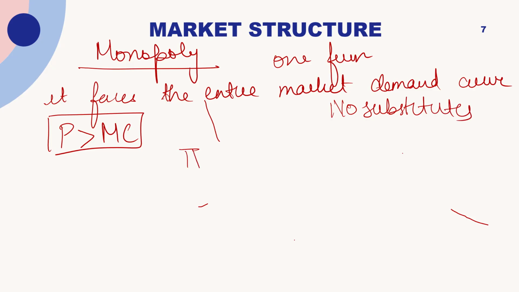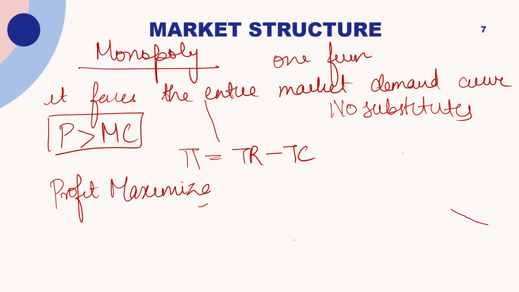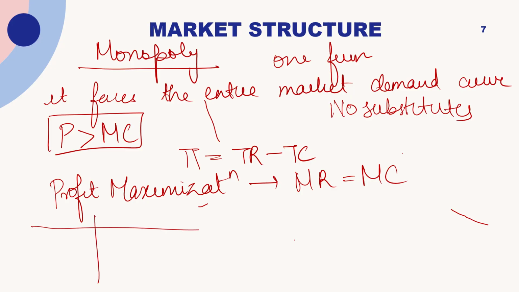Now we know that your profit is equal to your total revenue minus total cost. And an important point to remember is that your profit maximization point is the point where MR is equal to MC here. Let's understand another concept with an example. Let's say we have Q, P, TR, MR: quantity, price, total revenue, marginal revenue.